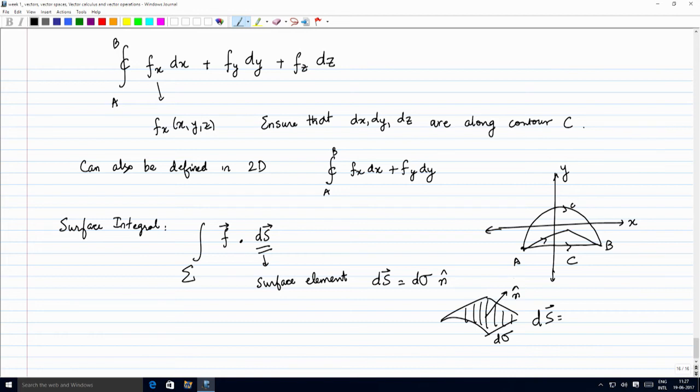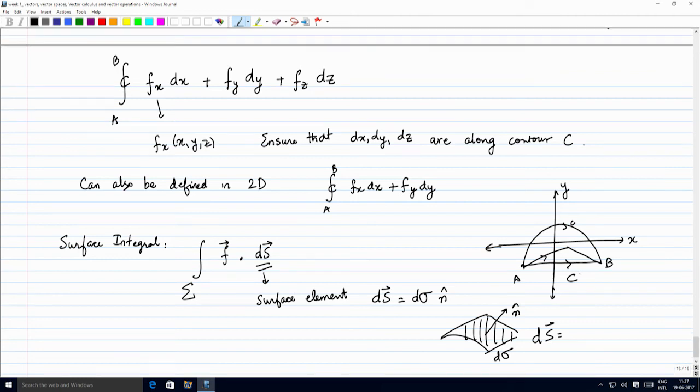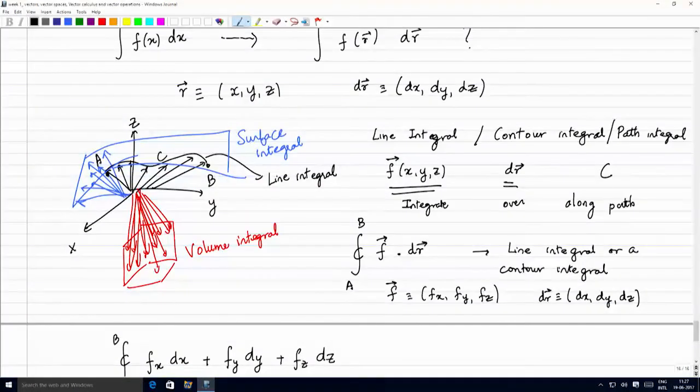If you go back to the way we had shown the surface integral, you are integrating over a region. You break it into small differential elements, each one has a normal, and you have this d sigma.